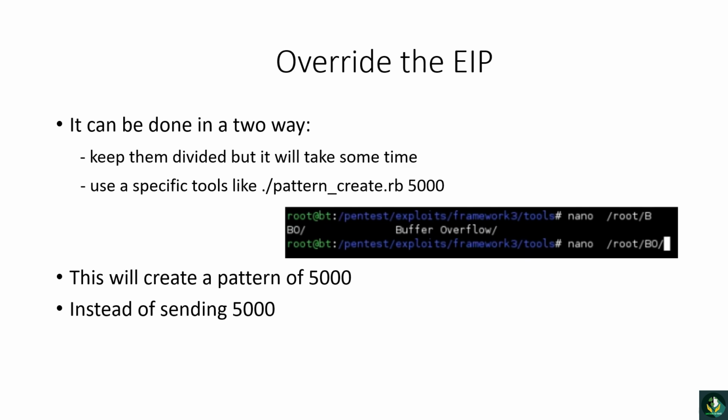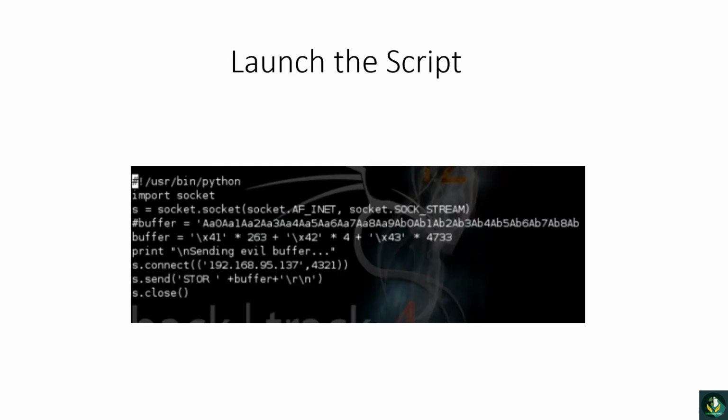So the best way is to use specific tools, like let me show you the code. You can see on the screen that it can use Metasploit. So we can go to penetration testing and exploiting, to the framework, and in the framework series there is a folder called tools, and in tools we have something called create pattern.